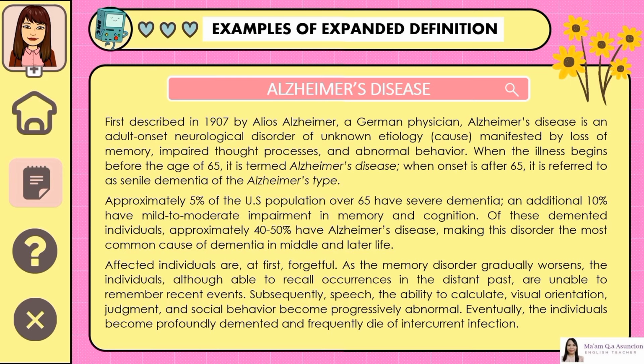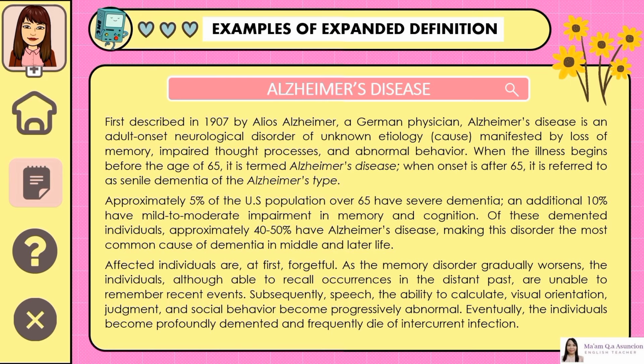Subsequently, speech, the ability to calculate, visual orientation, judgment, and social behavior become progressively abnormal. Eventually, the individuals become profoundly demented and frequently die of intercurrent infection.